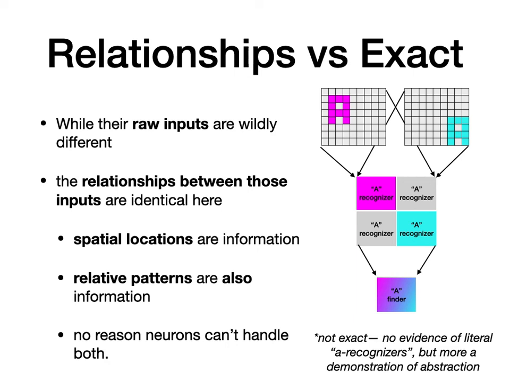So some group of neurons can say, oh, there's an A over in this spatial area. Those can all then be abstracted up to the A finder neuron that says, hey, if any of you guys are active, I'll be active. Anywhere in this visual field that I'm covering, I'll be okay with any of those.